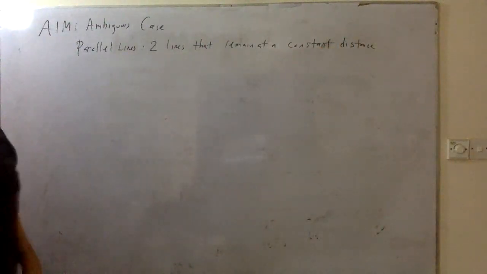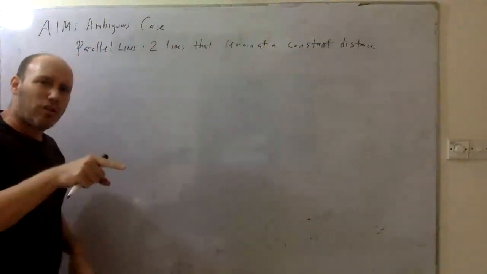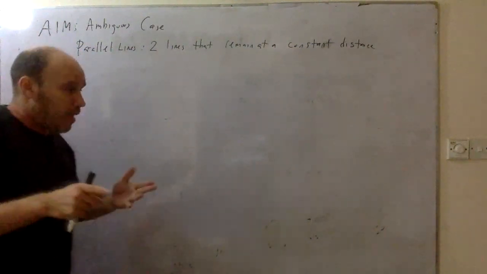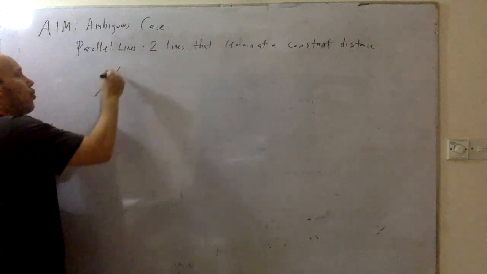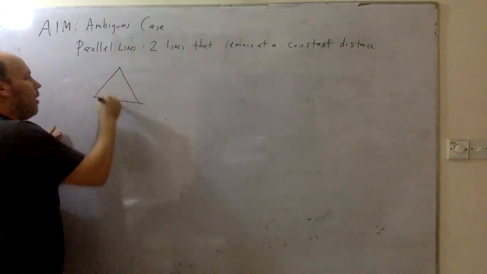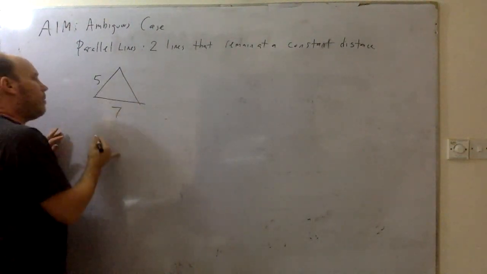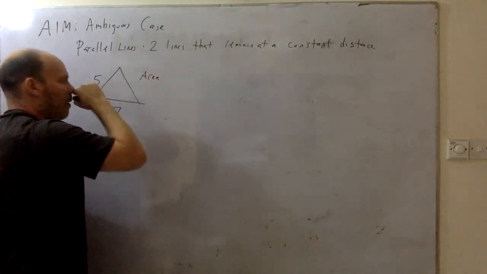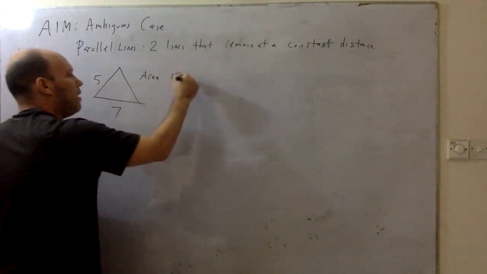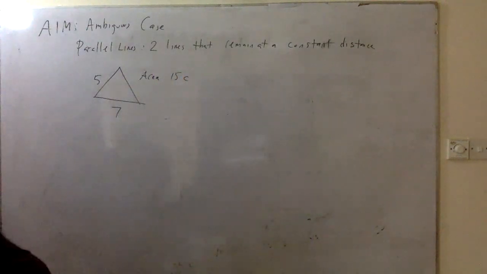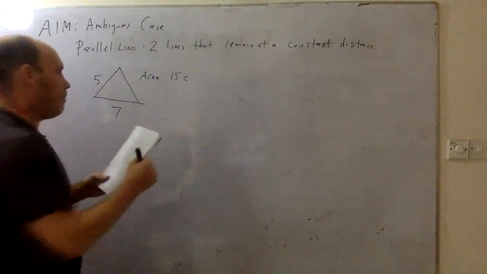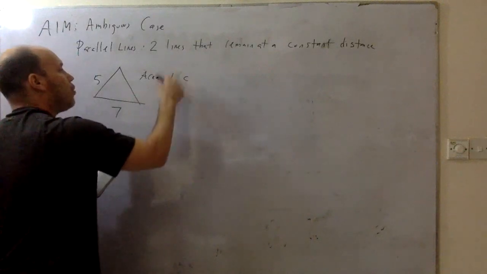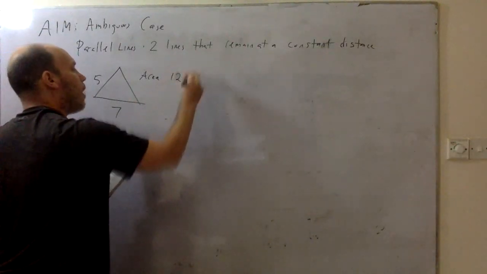What you might have noticed is that I never asked you to find the angle in area problems. For example, I never said, here's a triangle whose sides are 5 and 7. The area is 12 centimeters squared.